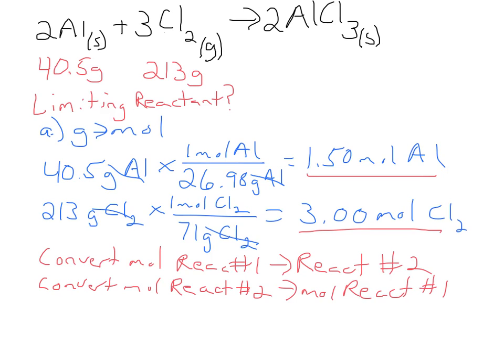This is going to allow us to compare how many moles we need to completely react with the moles that were given of reactant 1 or reactant 2. Alright, so I'm going to go ahead and erase a little bit of this, which I just put up here.